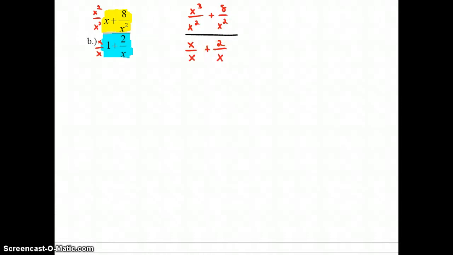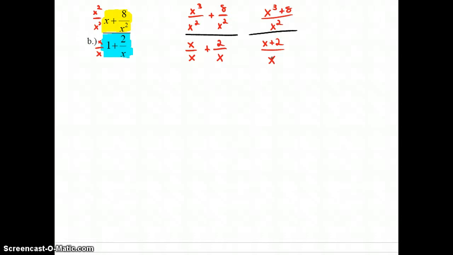Now, still focusing on these two separate fractions, in the top I've got an x squared in the denominator on both of those, so I can combine those to be x cubed plus 8, all of that over x squared. In the denominator of my major huge fraction, I've got x plus 2 all over x.